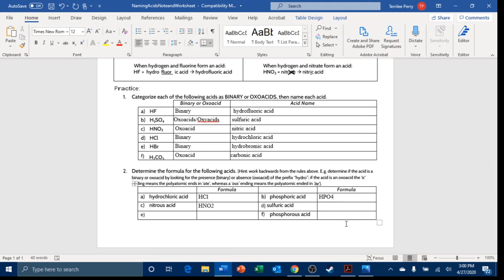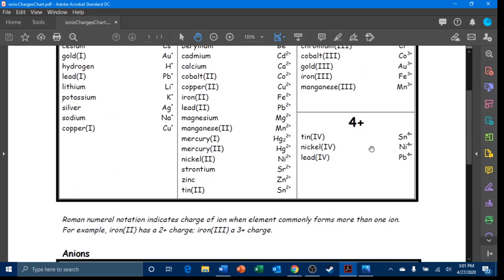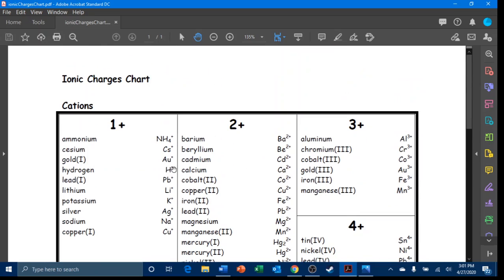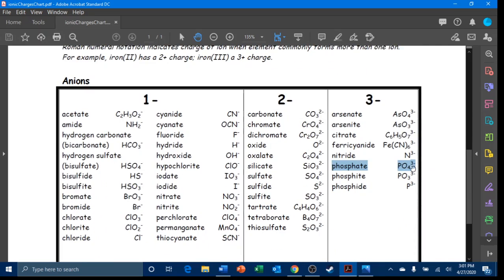Now, let me back up just a minute because I'm ignoring something that's important. On this one, the other one really isn't a problem, but let's look at this one. HPO4. Let's go back and look at our chart. PO4 has a -3 charge, and hydrogen is always +1. So that 3 is going to come down. Remember we did the crisscross?